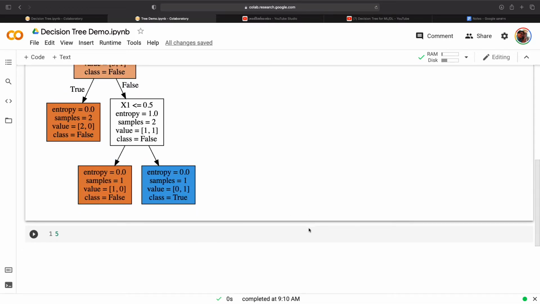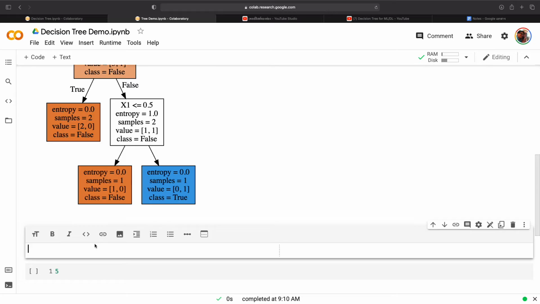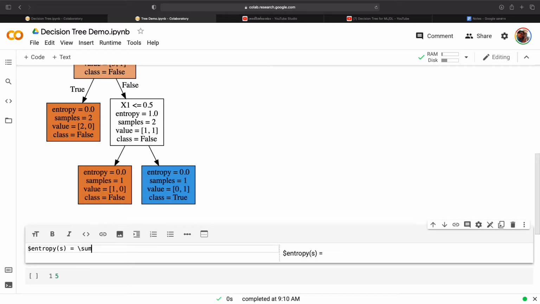What is the Gini? The entropy of a set S is the summation over all classes V of the probability of V times log base 2 of the probability of V. So this one is the value of entropy.